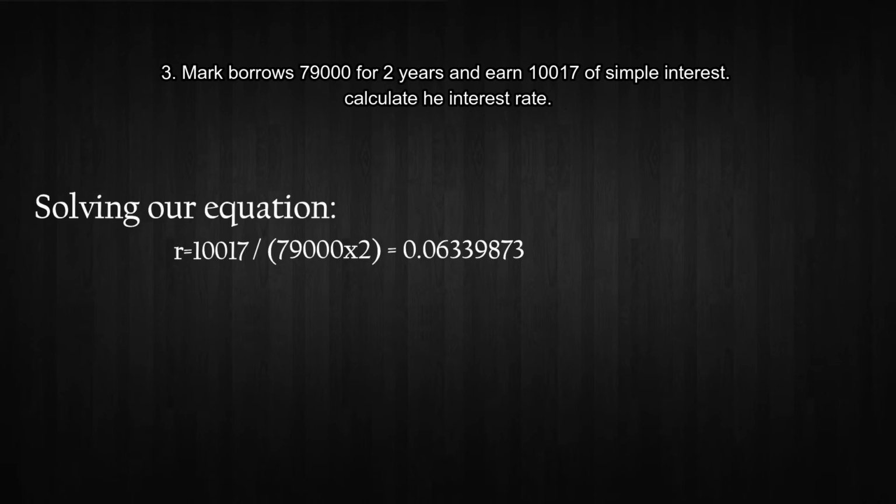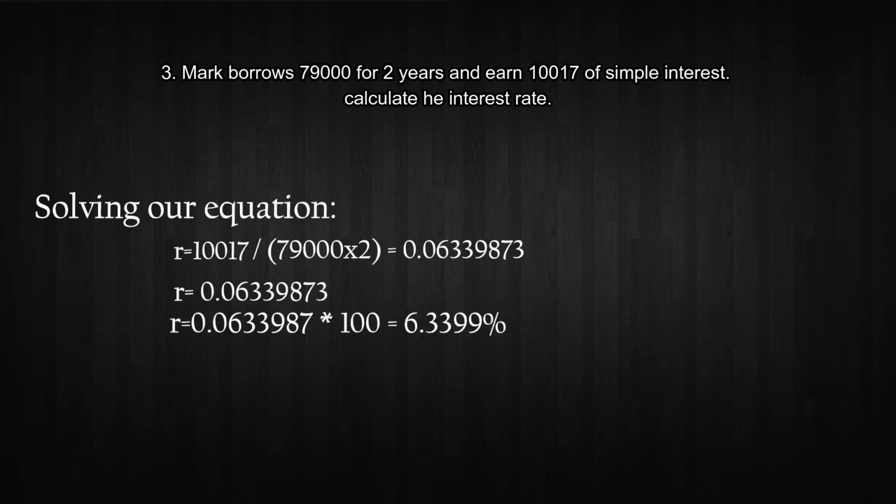The answer is 0.06339873. To get the interest rate, converting our decimal to a percentage, we need to multiply it by 100. So the interest rate is 6.3399% per year.